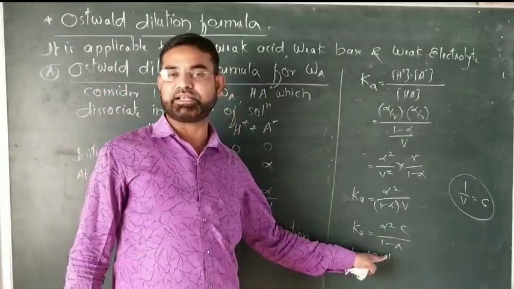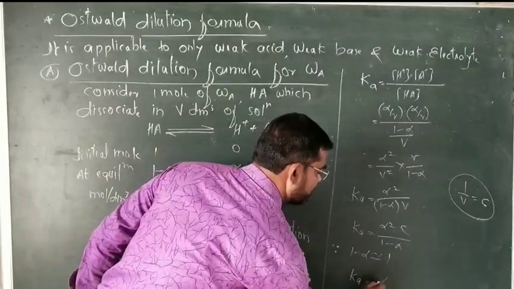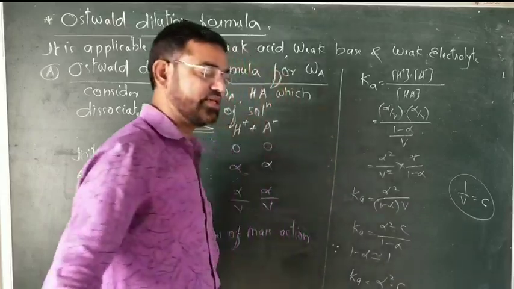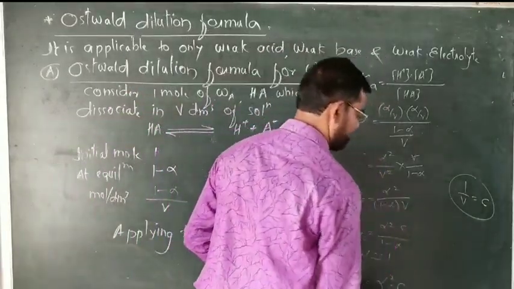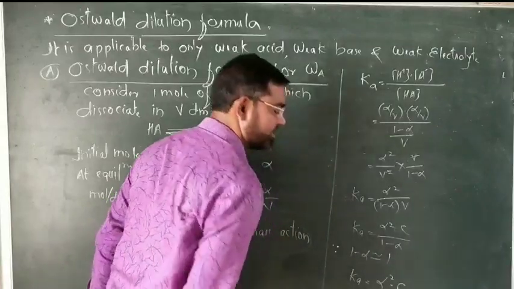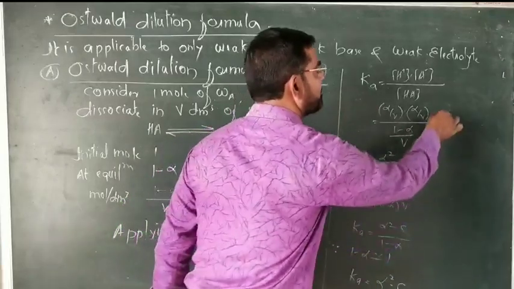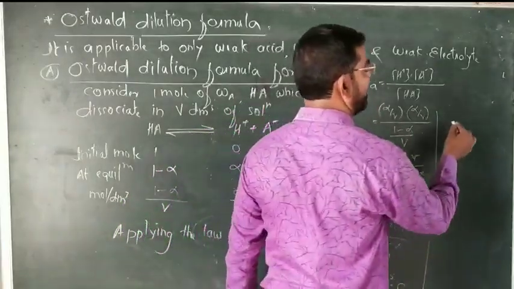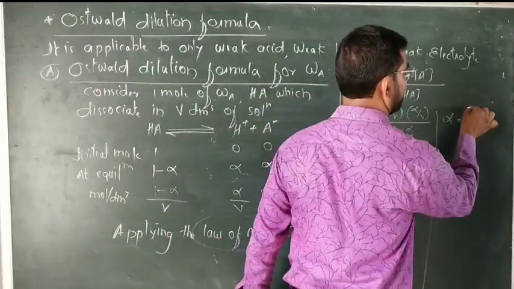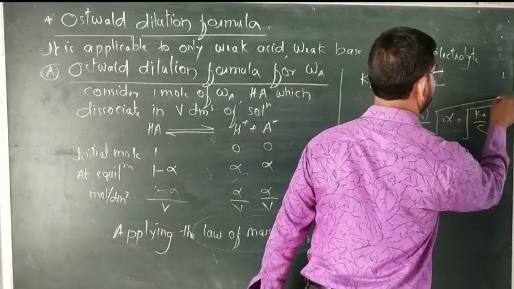So it's considered as 1. So Ka is equal to alpha square into C, and finally alpha square is equal to Ka upon C. Finally, the formula is alpha square is equal to Ka upon C.